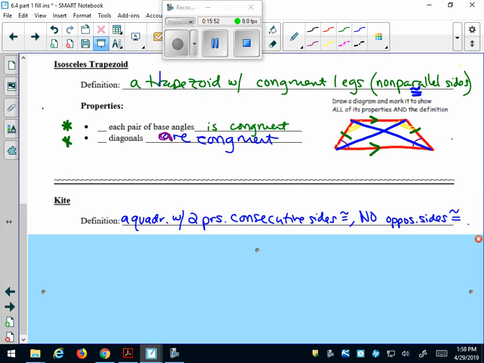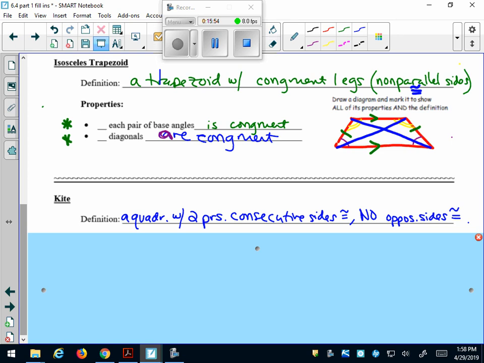A kite is a quadrilateral with 2 pairs of consecutive sides congruent, but no opposite sides congruent.